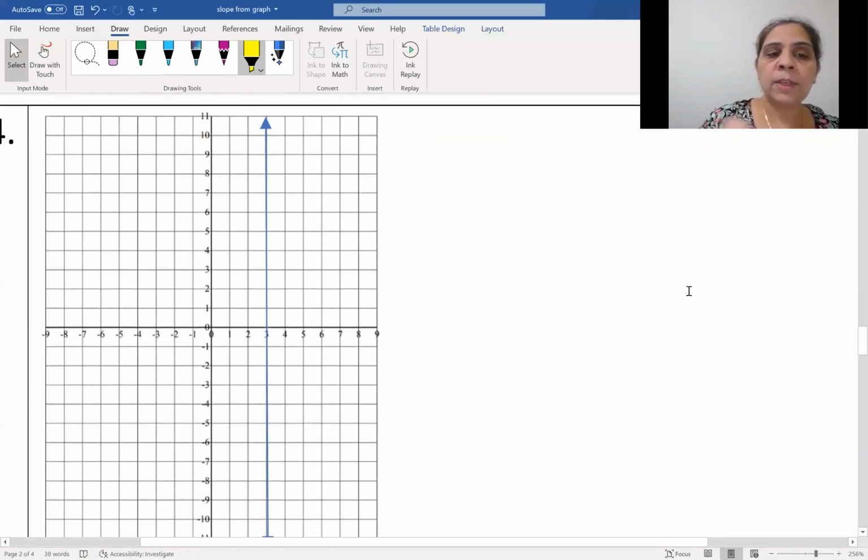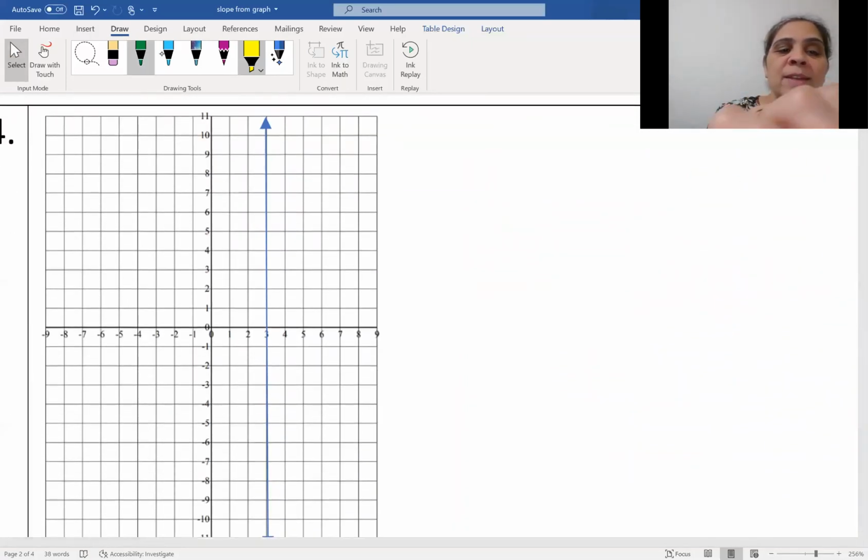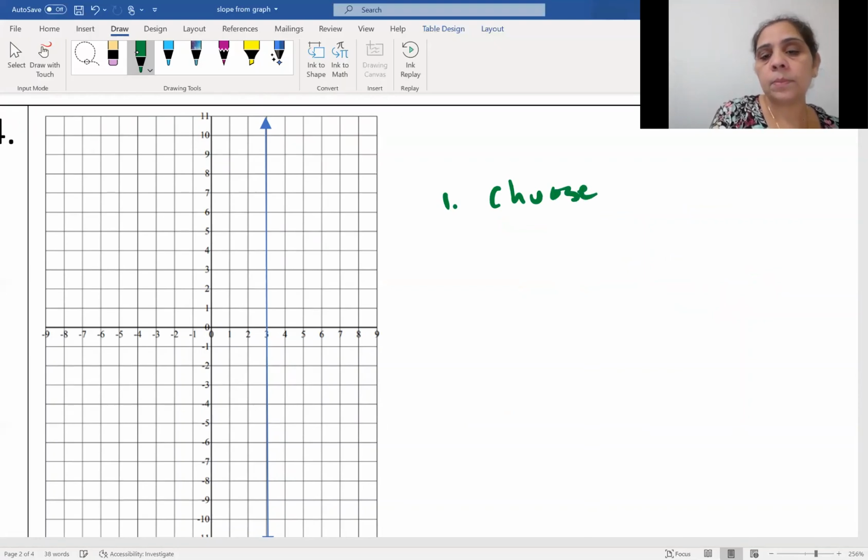Now, next one we have. Everyone can find this one. Pause this video and check how you can do it. So your step 1, choose 2 points. Let's say any 2 points you can take. All right. Now second one, you will do change in y.